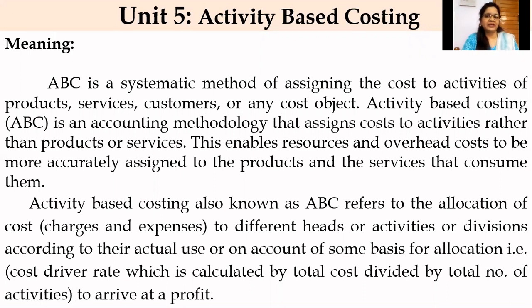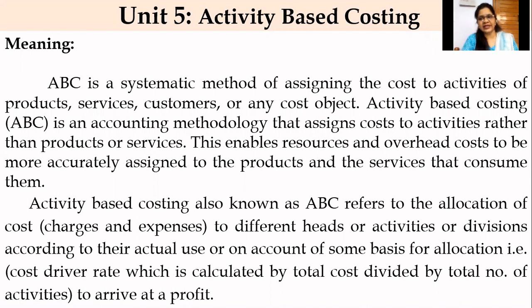There are some bases to allocate the costs on the activity basis. Activity-based costing assumes that in order to complete the product, that is, while converting raw material into finished goods, it has to pass through a number of activities, not only purely manufacturing. Other than manufacturing, we have a number of activities to be conducted in order to get the final product.